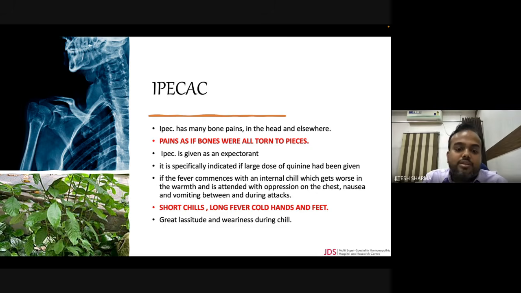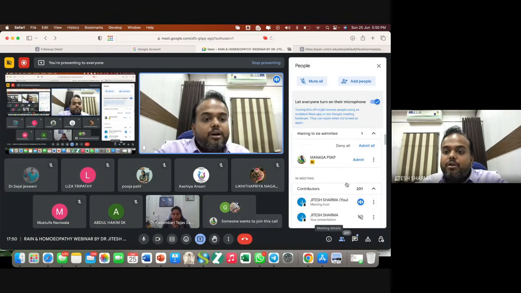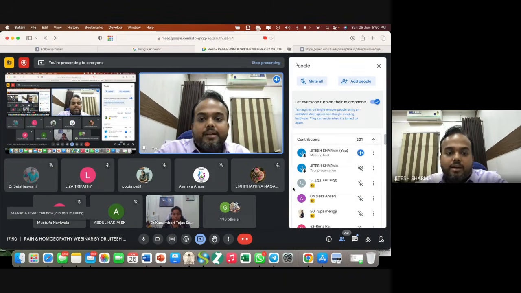The chill stage is very short and the heat stage is very long in Ipecac. And if the fever commences with an internal chill, which gets worse with warmth, it is attended with nausea. So they can also complain of nausea and vomiting on and off during the attacks. Even if something is kept over the chest, they complain like this. And they have great lassitude and weariness during the chill. This is typical of Ipecac.